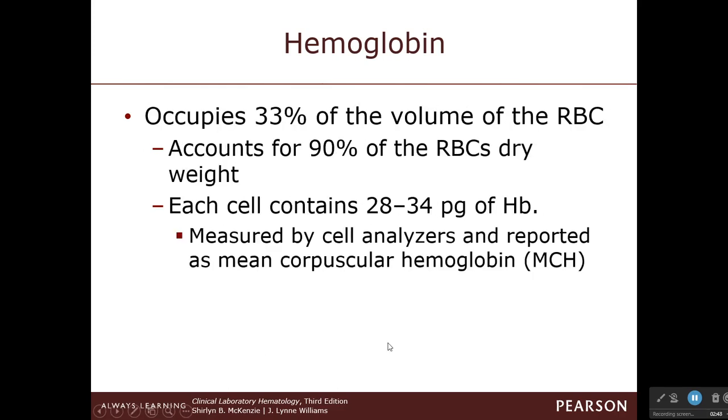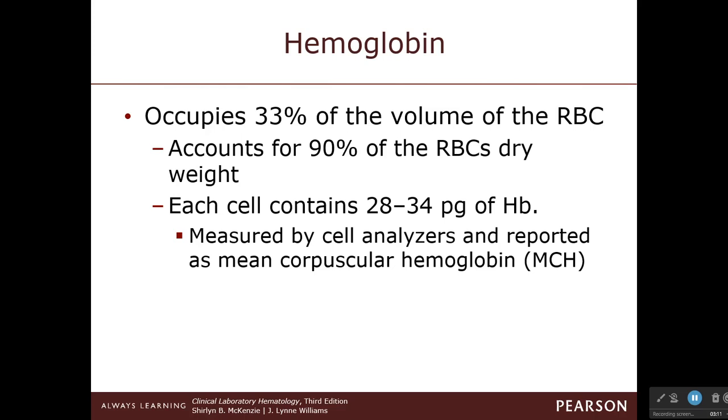Okay. So hemoglobin occupies about 33% of the volume of the RBC itself, and it accounts for about 90% of the RBC's dry weight. If we took red blood cells and let them dry out, most of the mass of the cell that we have left would be hemoglobin, because that's what makes up the majority of the red blood cell.